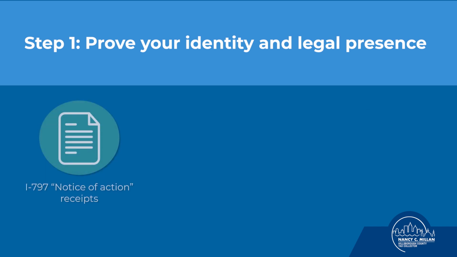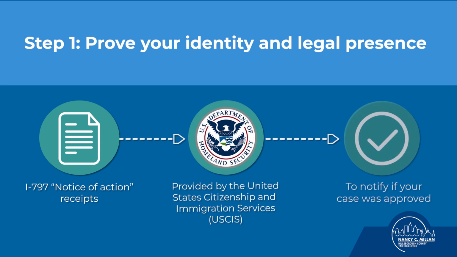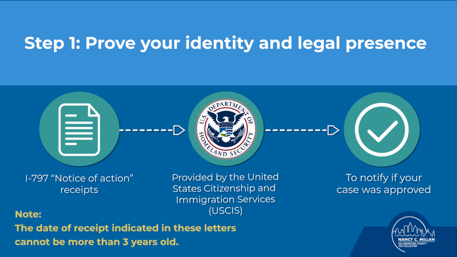citizen. Notice of action receipts provided by the USCIS serves to notify if your case was approved. For purposes of applying for a driver's license or identification card, the date of receipt indicated in these letters cannot be more than 3 years old.